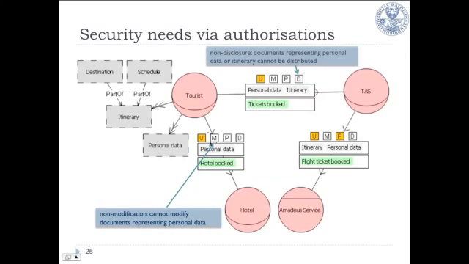Whenever M is not granted, then non-modification security need is required, stating that hotel cannot modify any documents representing personal data.